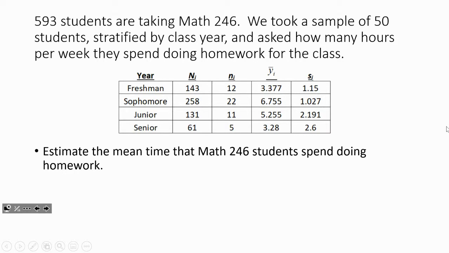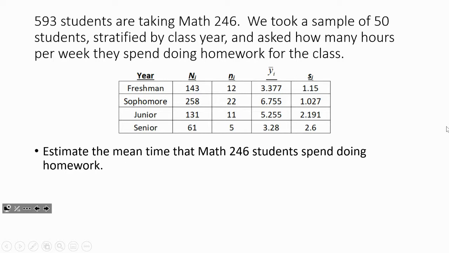So what formula do we want to use in order to solve this problem? Taylor? Or was it like the 1 over n times the summation of n sub i and then y bar sub i?